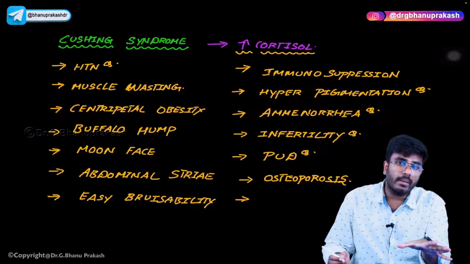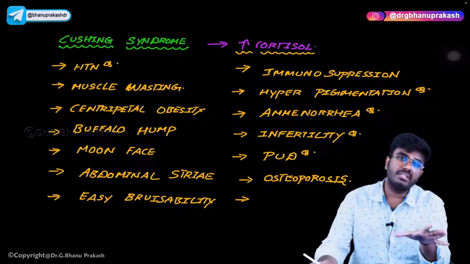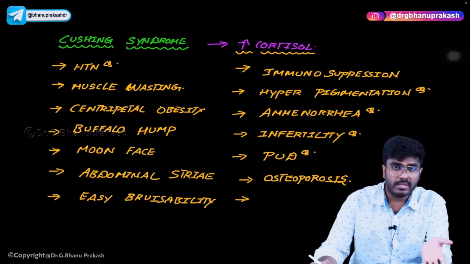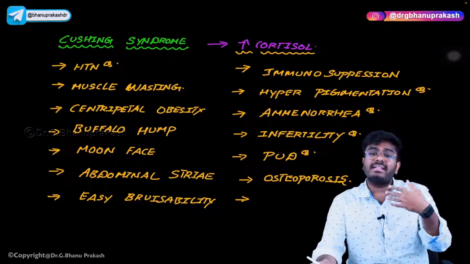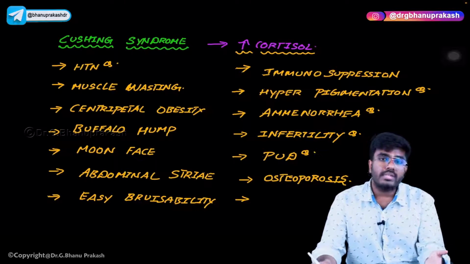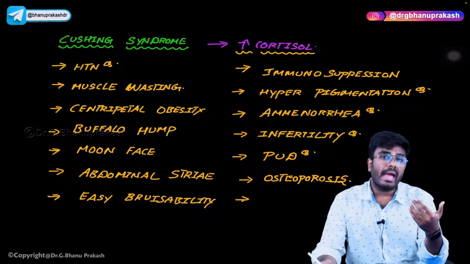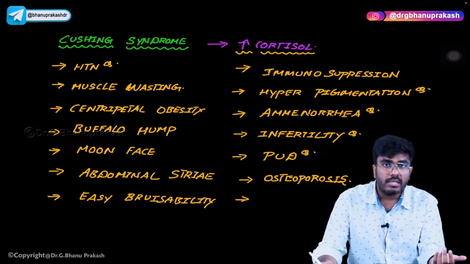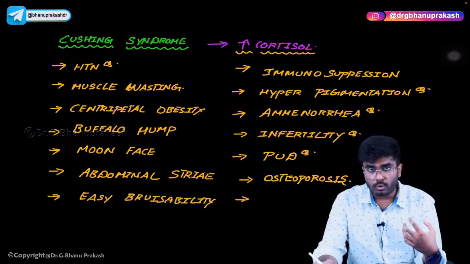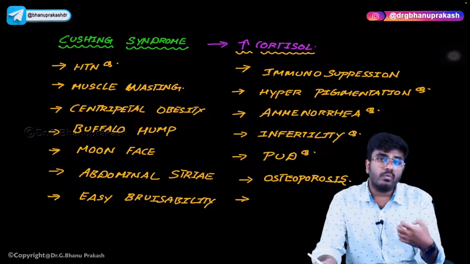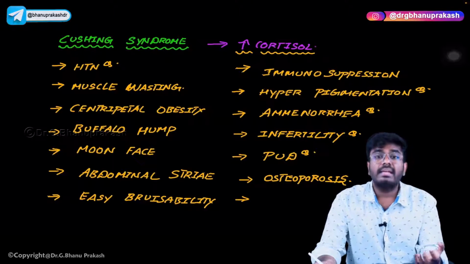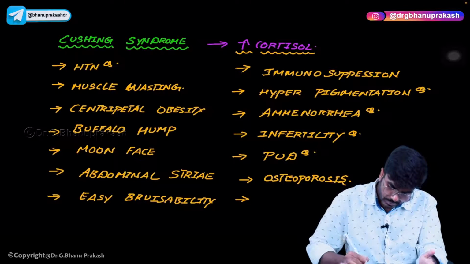And the last point is, see, cortisol is a glucocorticoid, but it also shares certain features with sex corticoids. In excess amounts, these glucocorticoids will also show actions like sex corticoids. So if a female is having Cushing syndrome, because of too much cortisol, she will have hirsutism.